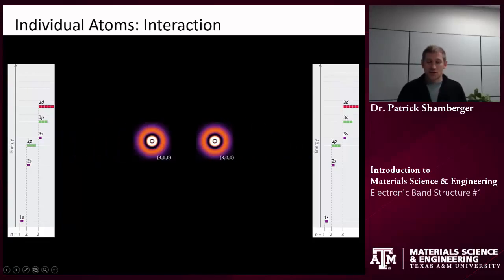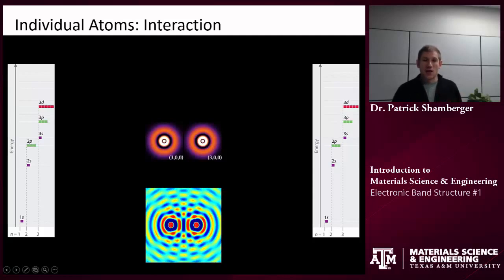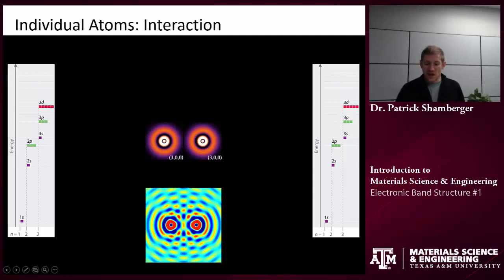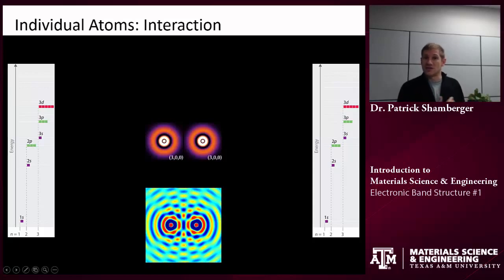As those atoms start to get closer and closer, these electron wave functions, because that's what orbitals are, start to overlap. They start to interact with each other. And if you think about different wave functions, they can interact constructively or destructively.